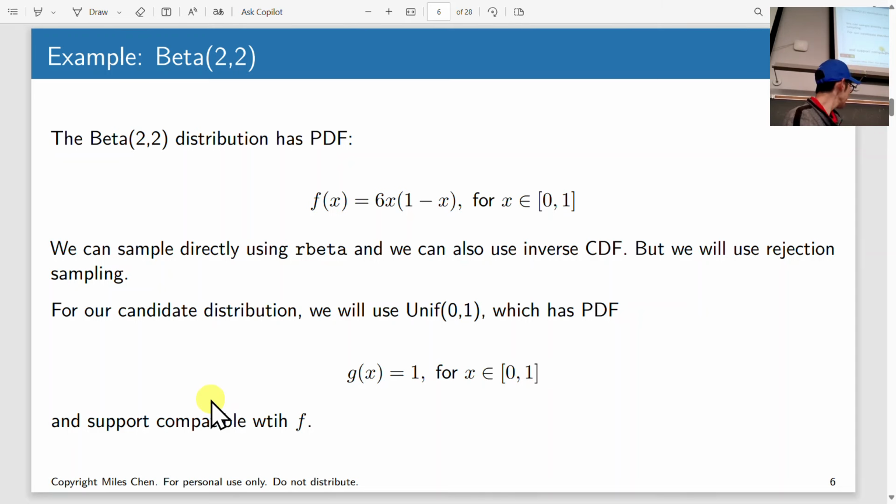For our candidate distribution, we'll use the uniform. The uniform distribution has a PDF that looks like this. Up here we have the PDF of the uniform.